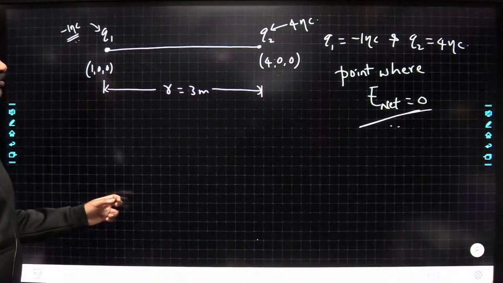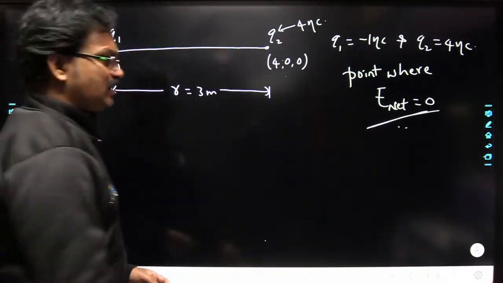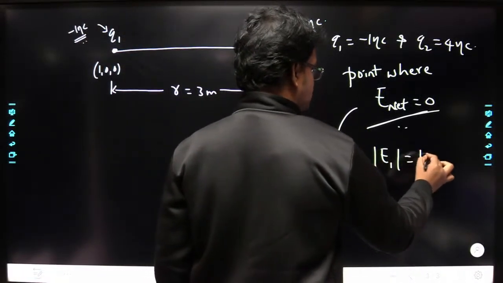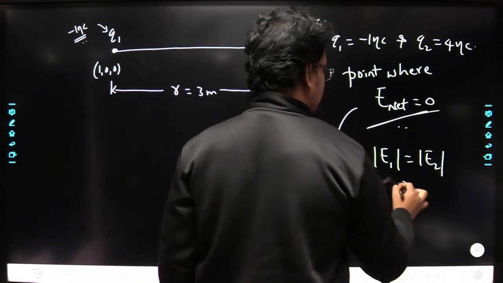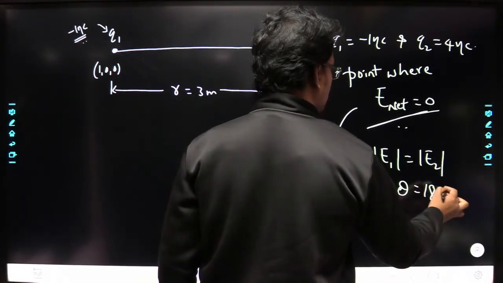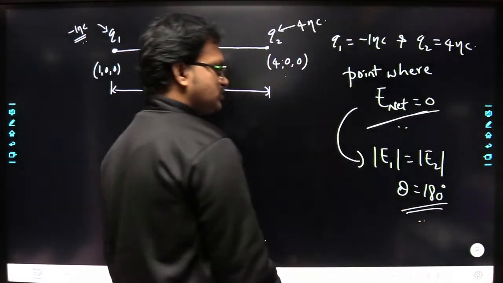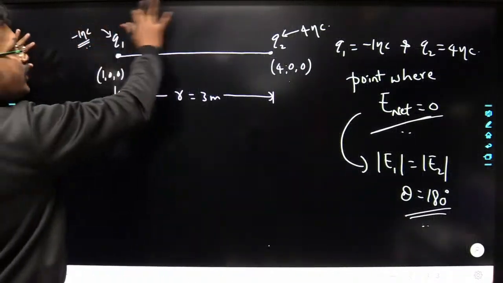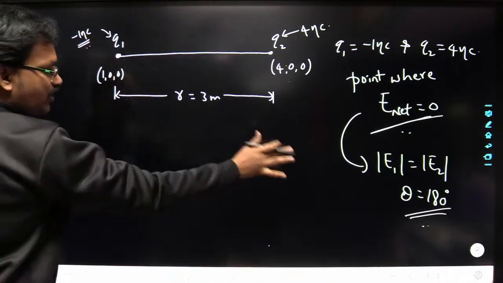Okay. So what is the condition here for the net electric field equal to 0? The magnitude of E1 must be equal to E2 and the angle theta must be equal to 180 degrees. This angle theta equal to 180 degrees is not going to be satisfied if you take any point here or any point here.